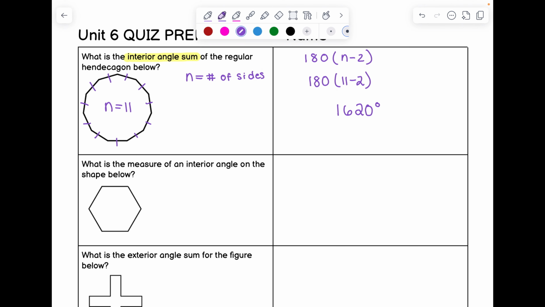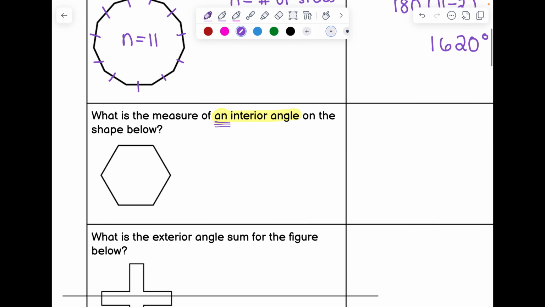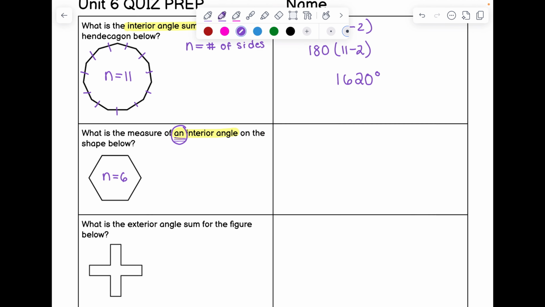What is the measure of an interior angle on the shape below? Well, a hendecagon, we had to count the sides. But this shape below, you should not have to count the sides. You should be able to just look at that and see that it is a hexagon. And a hexagon has 6 sides. So n equals 6. And we want to know an interior angle. That's just one interior angle.